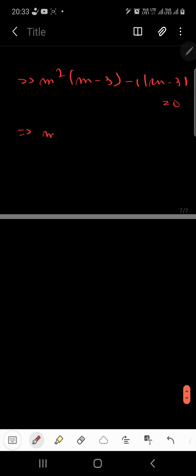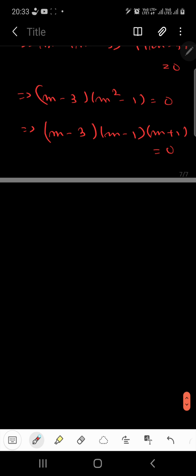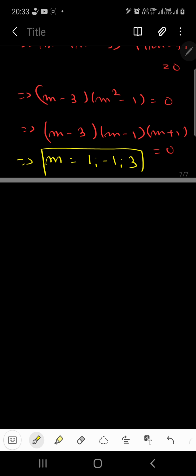From here you have m minus 3 times m square minus 1 equals 0. That gives you m minus 3 times m minus 1 times m plus 1 equals 0. And from here you get your three different values of m: m equals 1, minus 1 and 3. So these are the three values of m.